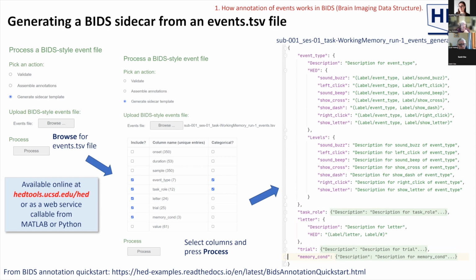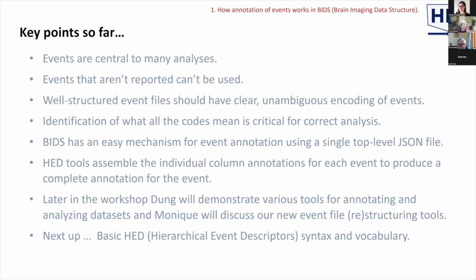So let's just stop. This is the first part of the talk, which is the how to do it. And let's step back for a minute and look at what we've talked about. I think the key points are that events are really essential, and it's important to pay attention.